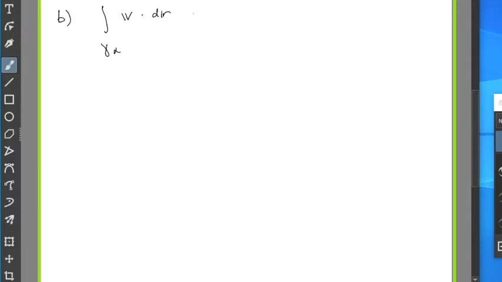Okay. Where was I? So we could do this using definition. However, since we have a potential, we know that we can use it to calculate the line integrals.